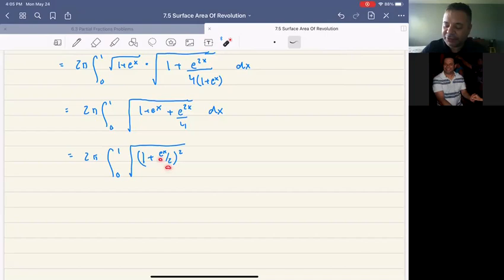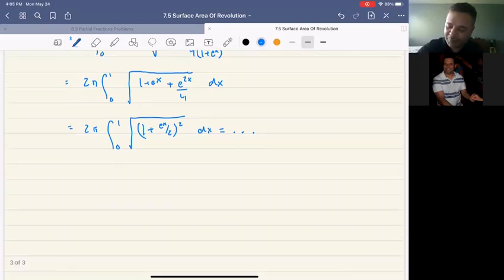E to the x over 2 squared is e to the 2x over 4. And then e to the x over 2 times 2 is e to the x. At this point, I trust that you should all be able to calculate that. All right, let's go ahead and set up another.